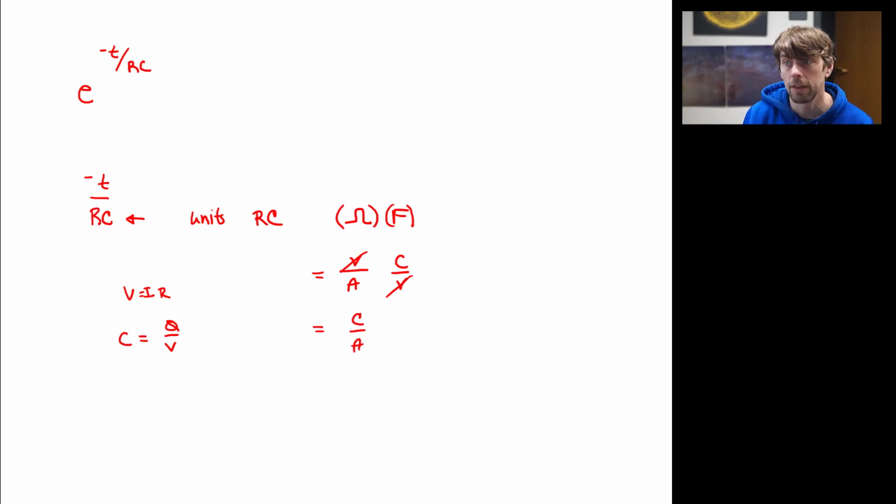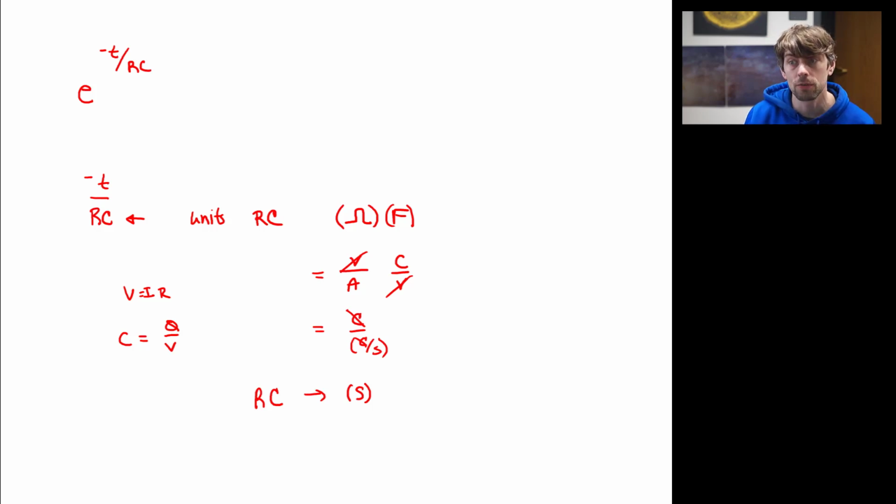But then we remember that an amp is simply a coulomb per second. And you go, oh, goody, the coulombs cancel. And it turns out that when I take a resistance times a capacitance, the end unit is actually in seconds. It's cool, right?